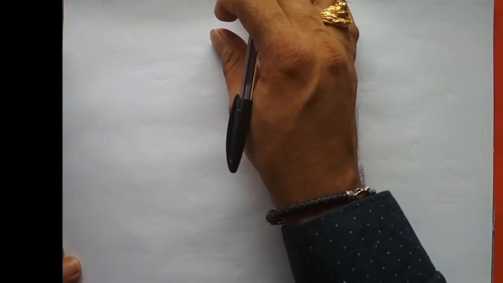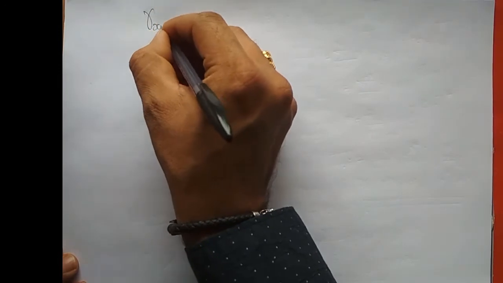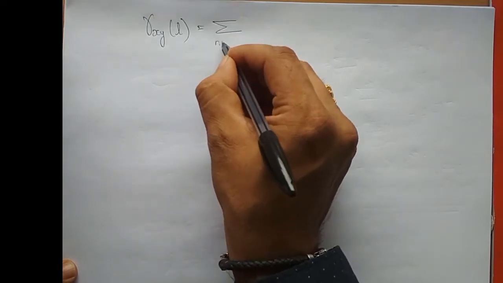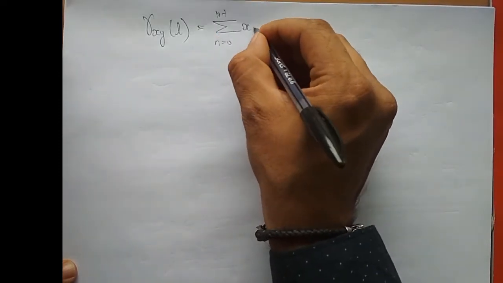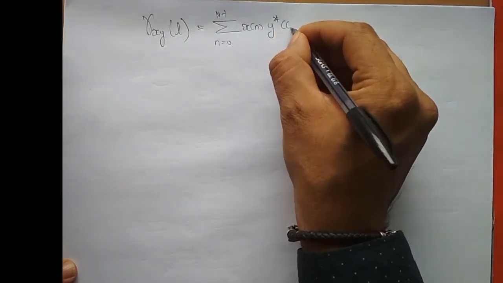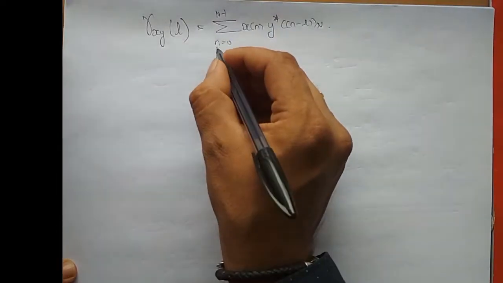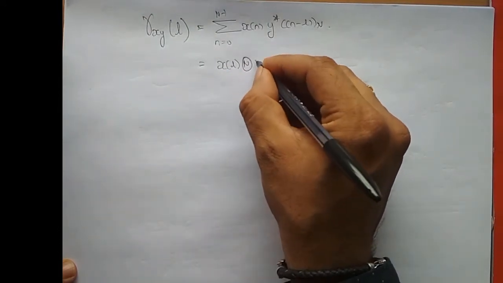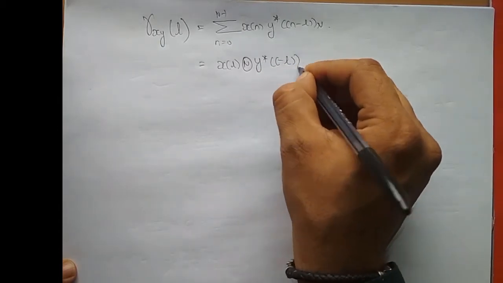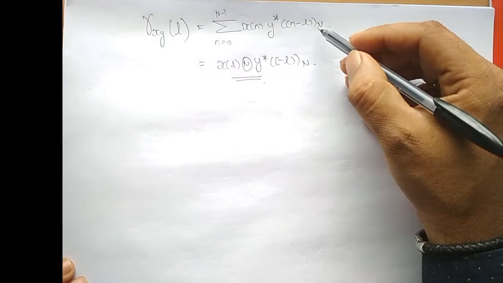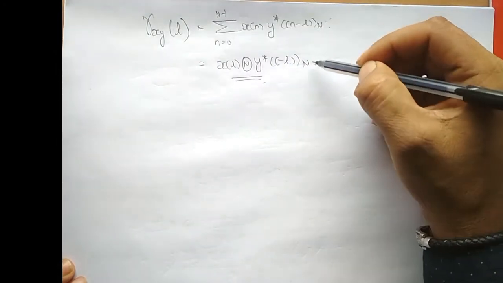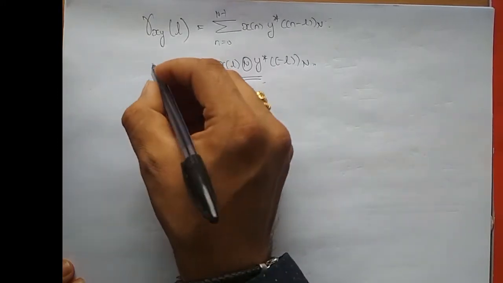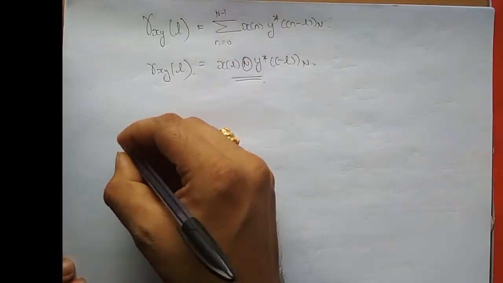The circular correlation equation is given by Rxy of L equal to summation n varying from 0 to N minus 1 of x of n y star of n minus L mod N. In short, I can write this equation as x of L N-point circularly convolved with y star of minus L mod N. I can write the correlation equation in terms of the convolution equation like this. So this is nothing but Rxy of L.